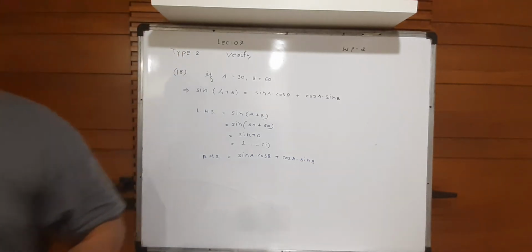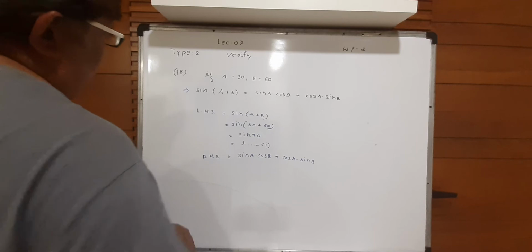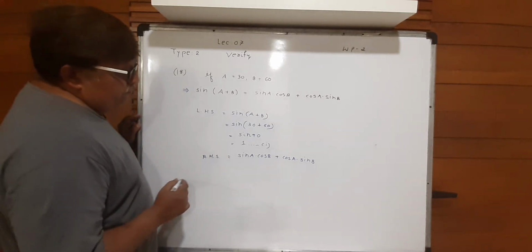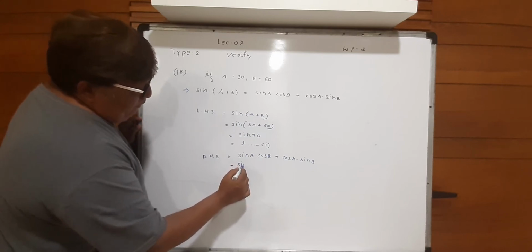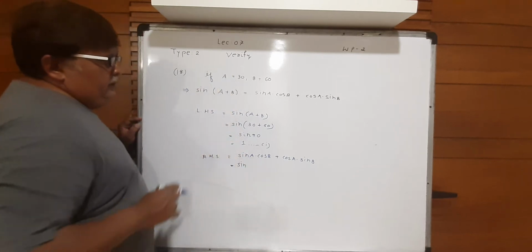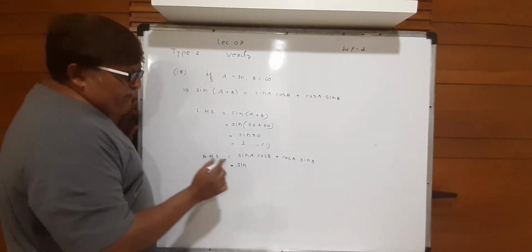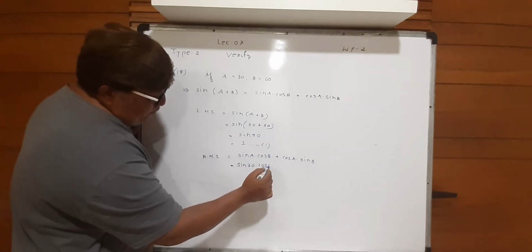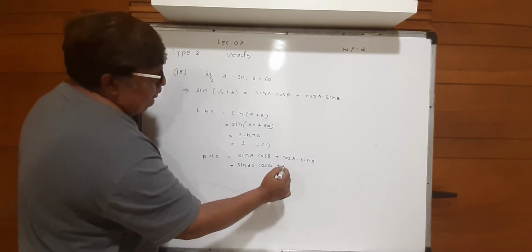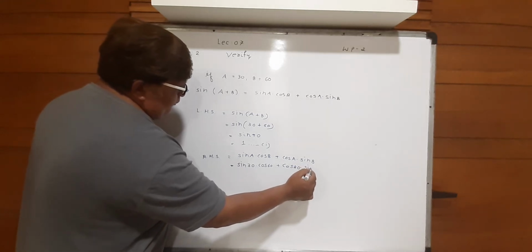First you write this expression: sin A into cos B plus cos A into sin B. Now let us substitute the value. In place of A, substitute 30. In place of B, substitute 60. Sin 30 into cos 60 plus cos 30 into sin 60.